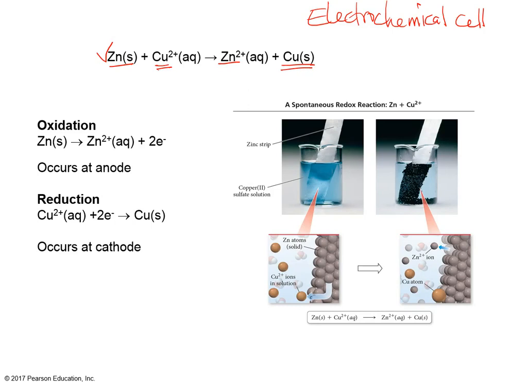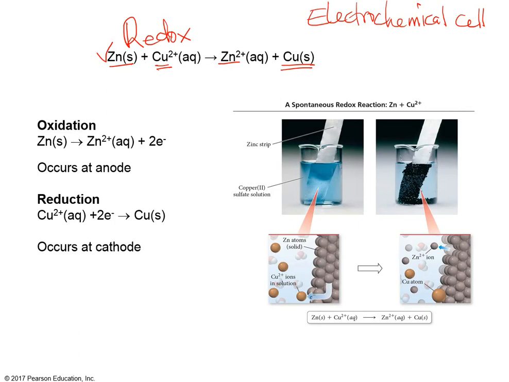So we are saying that copper ion is gaining electrons to form copper solid. So a reaction like that is a redox reaction. So reduction and oxidation.